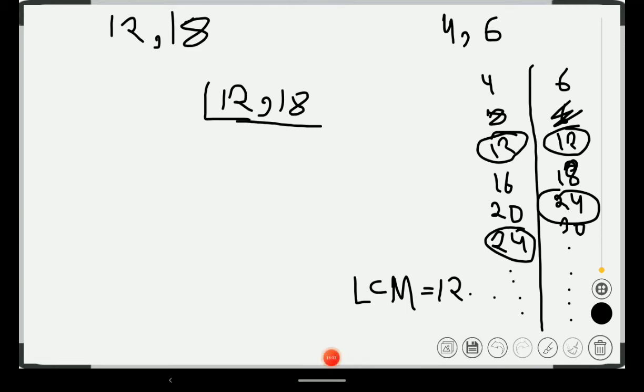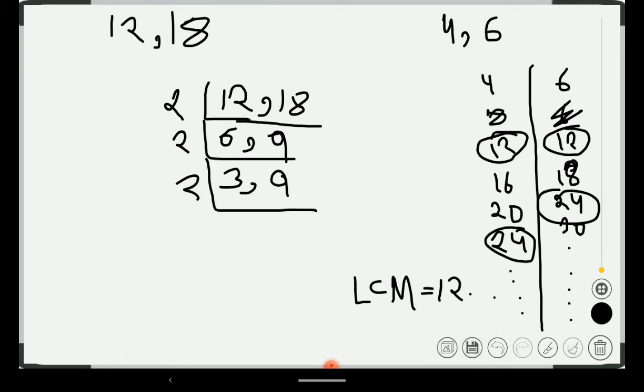Now see. 2 6s are 12, 2 9s are 18. Now 2 3s are 6. And let me keep the 9 as it is. Which are divisible by 2, you need to divide that, and which are not divisible by 2, you just leave it as it is like that.